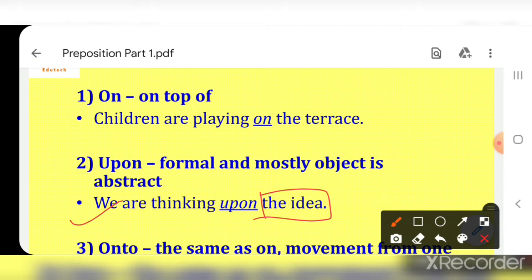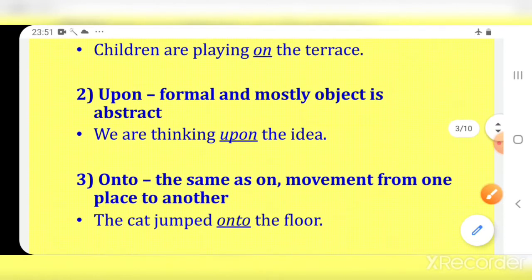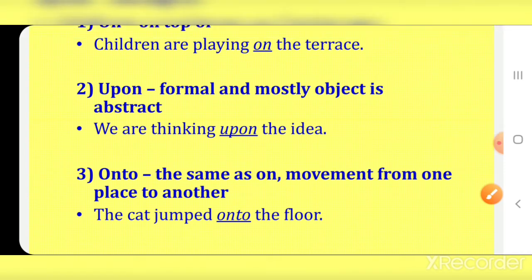Now here we are thinking upon the idea. Here we have used an abstract object and we have used upon. On the idea you can use, but it's formal, and for an abstract noun as we are using it we must use upon.